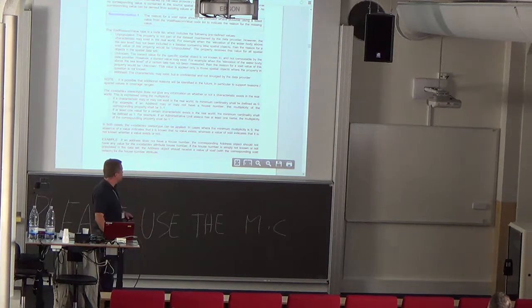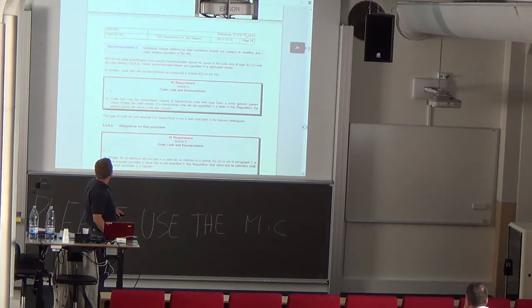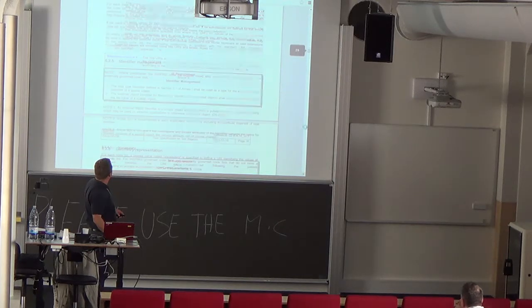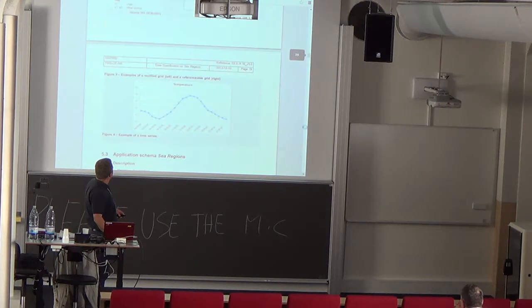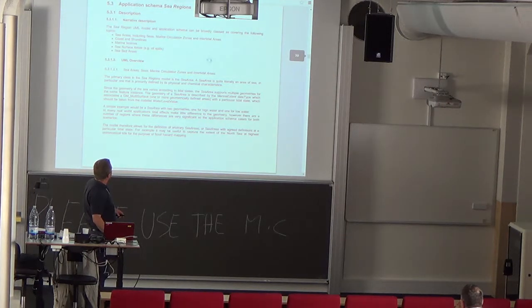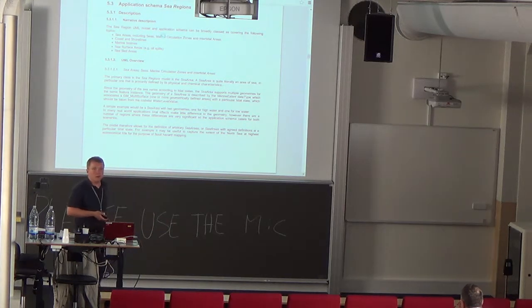Okay. Code list. Okay. Coverages, okay, and then which we said in chapter 5, which is very important, you have to read this application schema, or schemas if there are several application schemas.